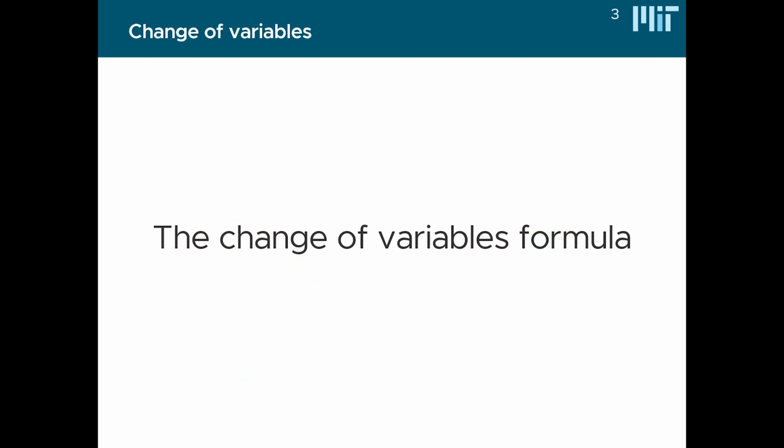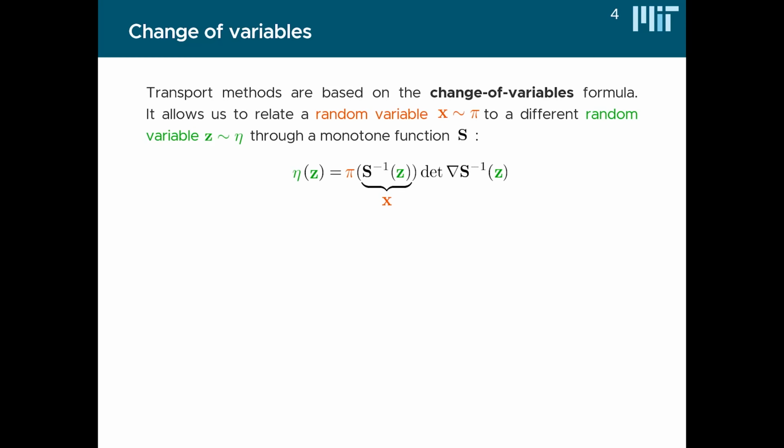Now, fundamentally, all transport methods are based on the change of variables formula. If you're unfamiliar with this equation, it effectively tells us what happens to a random variable x associated with a certain distribution if we subject it to a smooth and monotone transformation S, which transforms it into a new random variable associated with a new PDF. And this change of variables formula tells us what this new PDF effectively looks like.